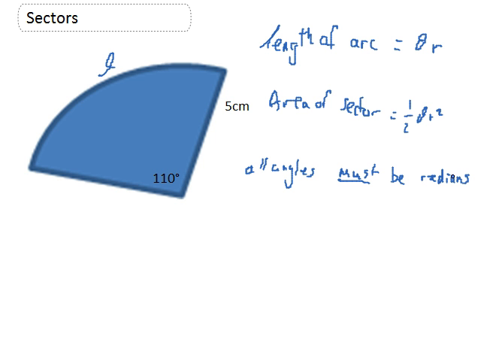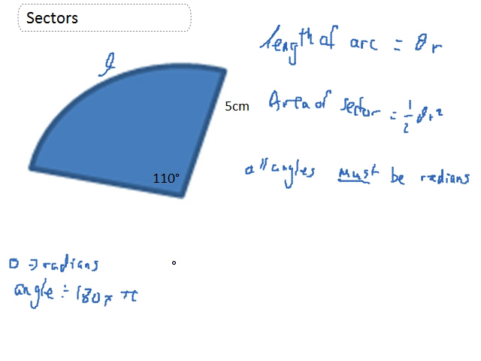So that leaves us talking about how to change from degrees to radians and radians to degrees. If I'm converting from degrees to radians, I take the angle, I divide it by 180, and I multiply by pi, so 3.14.